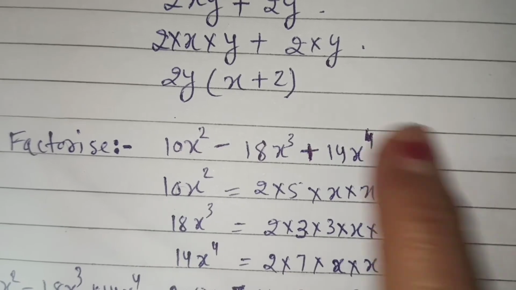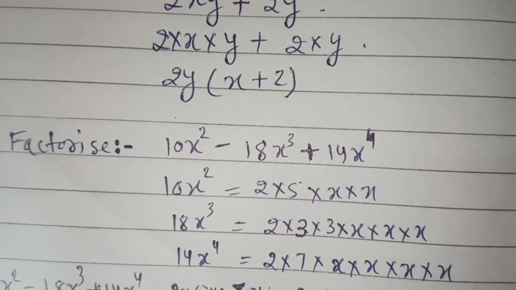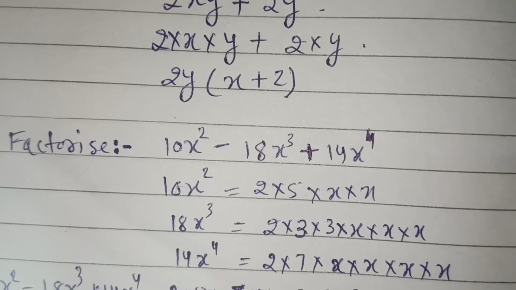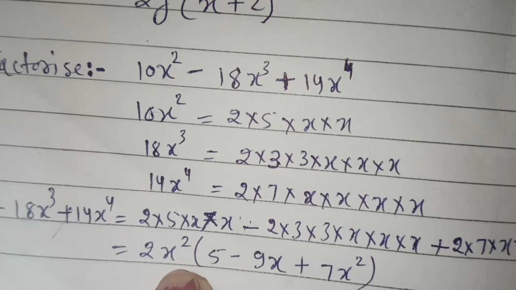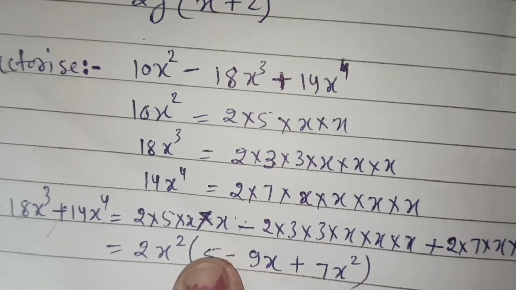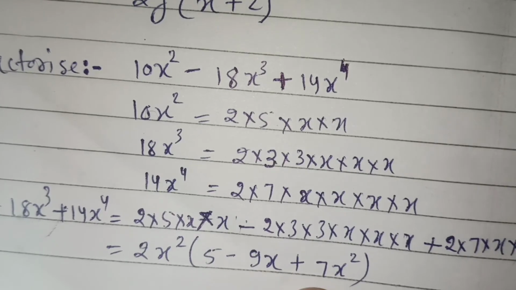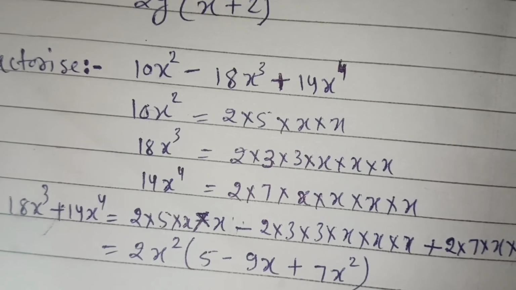So these are the factors of these three terms. And we see here 2x square is common in each term. We will take it as common, and the remaining factors we will take with their signs. And this is called the factorization of this expression.